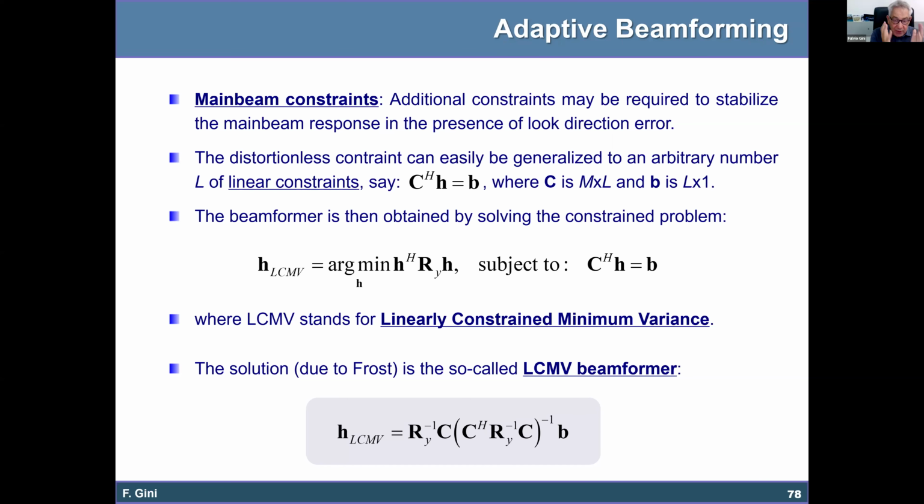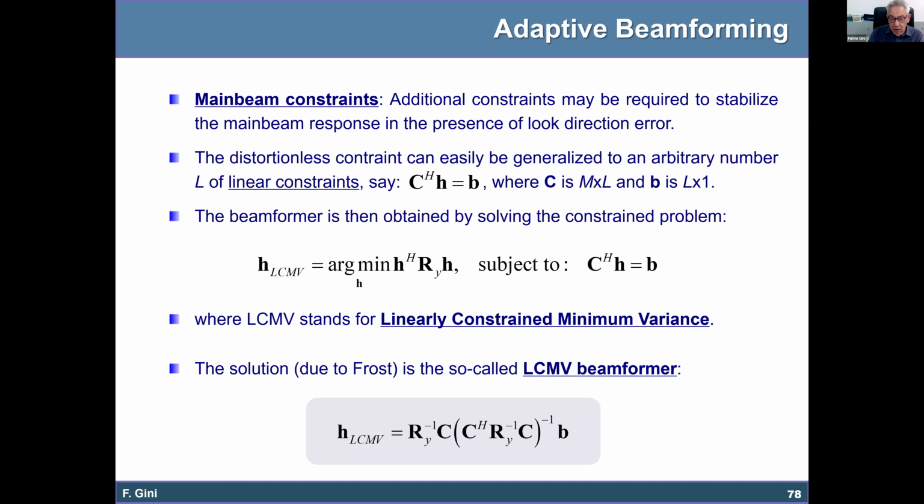Now, sometimes it is possible that we need to impose additional constraints. So not only a distortionless constraint, but for example, we want to put some nulls in some direction. So remember, we talked about the null steering method.